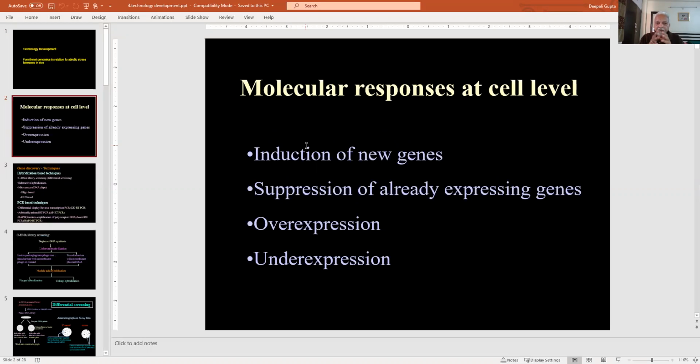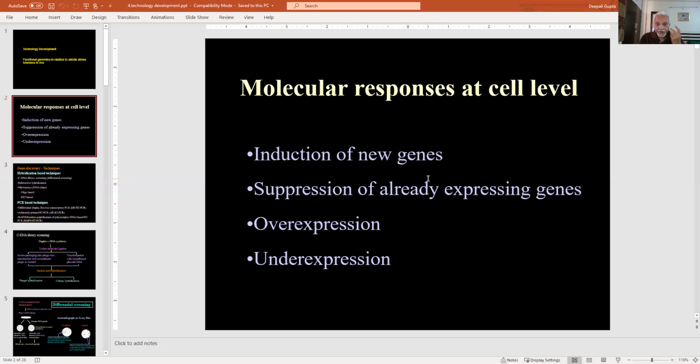Either it starts inducing new genes in response to a particular stress signal, or it suppresses already expressing genes, or it overexpresses certain genes, or underexpresses a certain set of genes. These are the four types of molecular responses expected at the cell level in response to either biotic stresses or abiotic stresses.